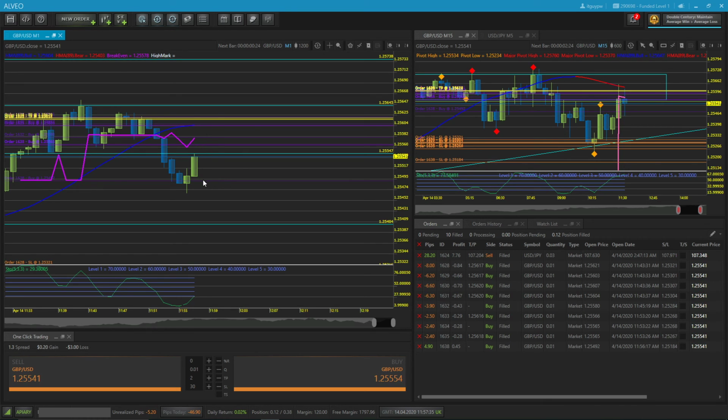Again, we'll just leave this last trade on to run as it goes up. And we'll take profits on some of these other ones as we go.